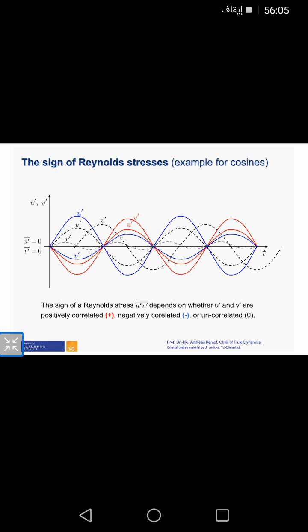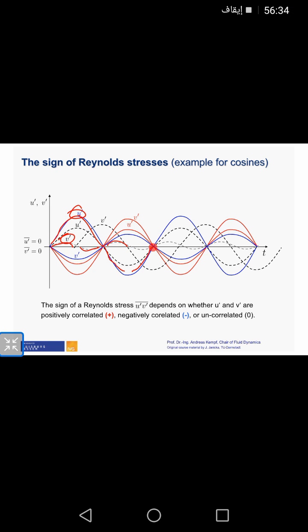Another way for not having Reynolds stresses is if we have very different frequencies. Here, u prime and v prime fluctuate at different frequencies. In this case, where the v prime is positive and the u prime is positive, we have a positive contribution. V prime is negative here, but u prime is positive, negative contribution, and so it continues.